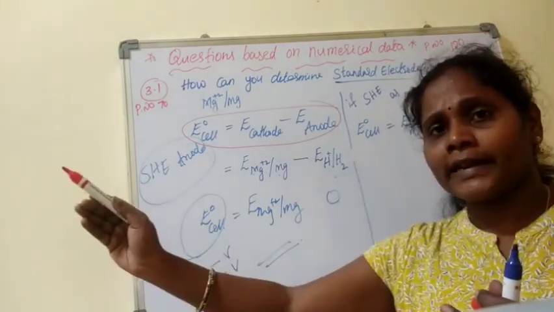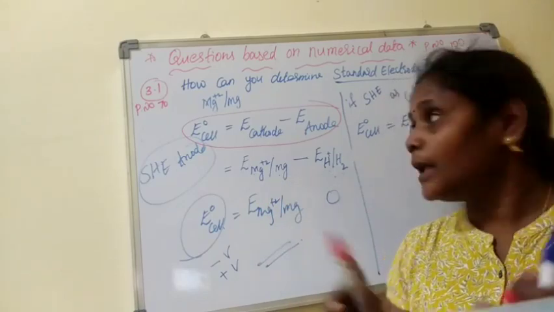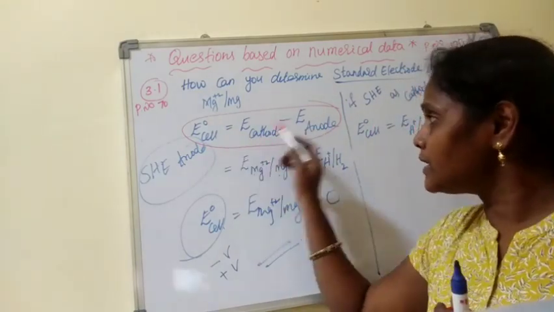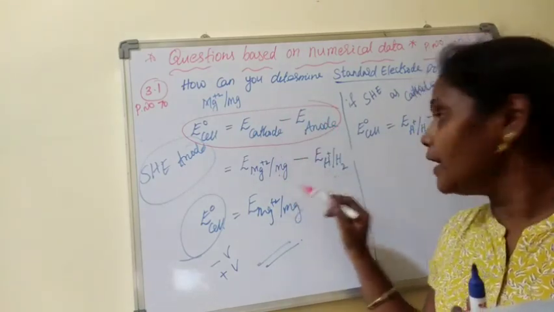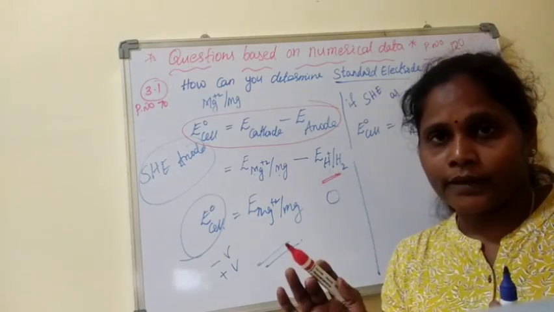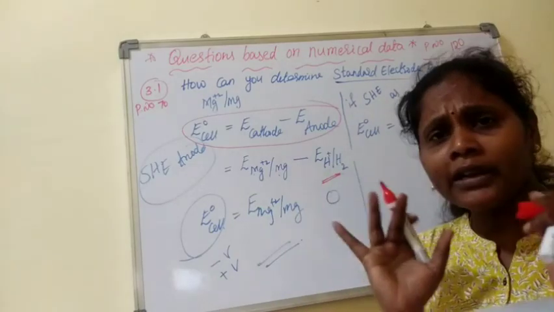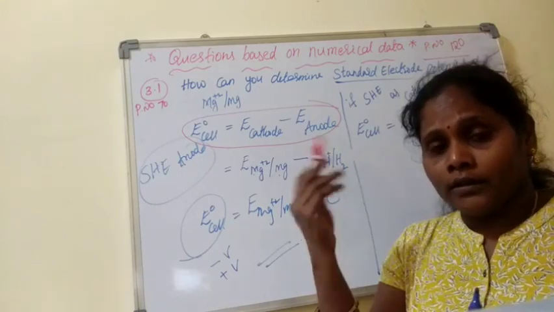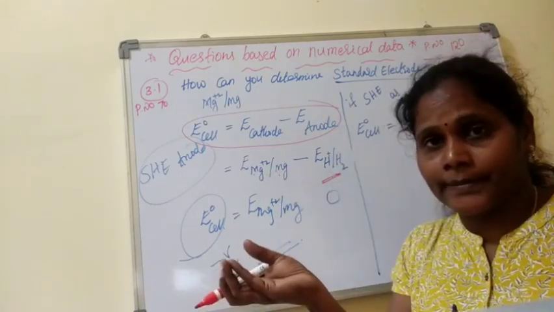Reduction is on the right side and oxidation is on the left side. That we have to write. But in this equation, as I said many times, E0 cell means E cathode minus E anode, and both are reduction potentials. Therefore, we have to write it like this. Don't get confused. This is not a reaction, I am just showing them as cathode and anode. I have to use reduction potentials here, right?